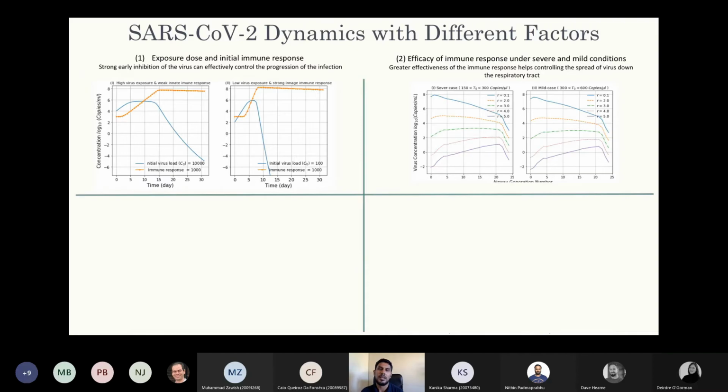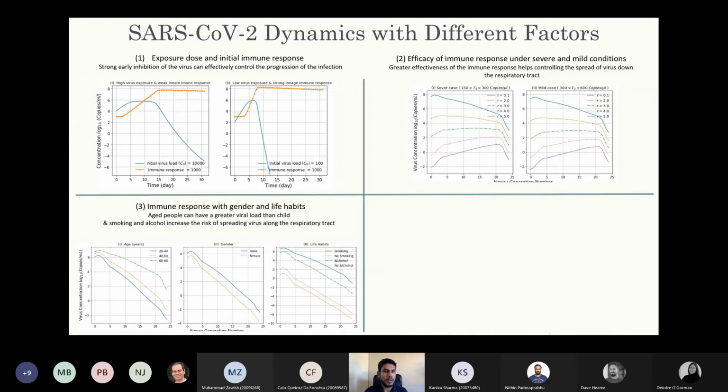So that means T cell is not the only factor which impacts the viral dynamics. That is because the immune response can vary depending on a number of factors.